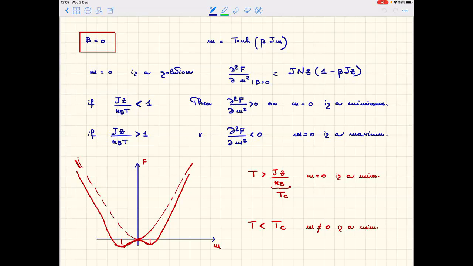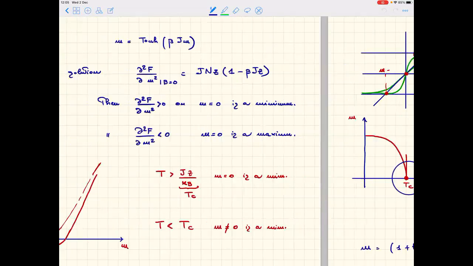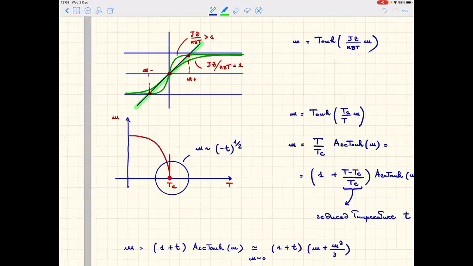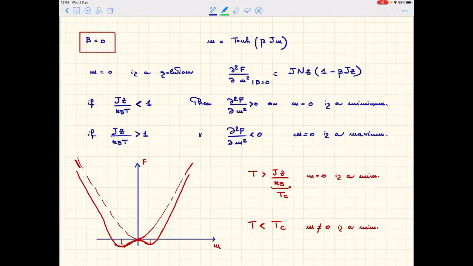So let's do it graphically. Let's plot m, which is just a linear slope, like this one, and we have to plot the tangent hyperbolic of beta times J times m. Now, how do you plot this tangent hyperbolic?